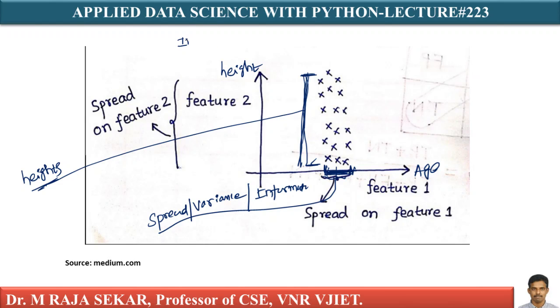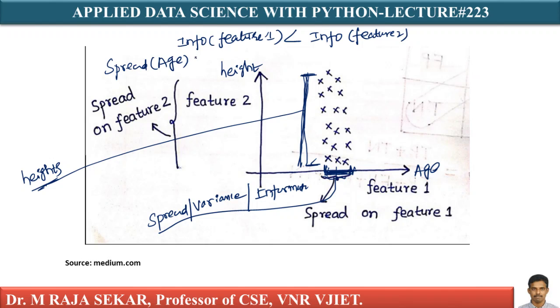Information of feature 1 is less than information of feature 2, isn't it? Otherwise, I can say spread of age is less than spread of heights of the students.